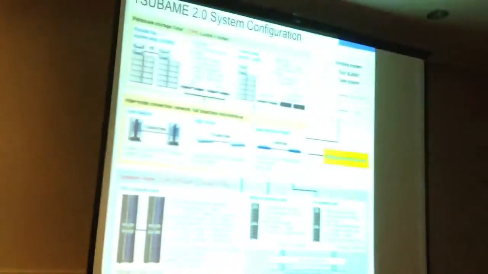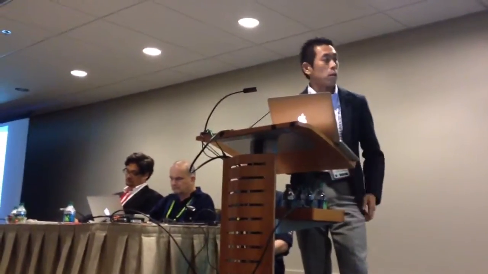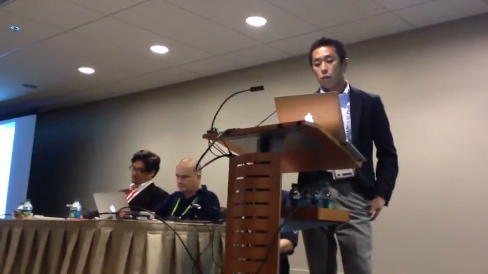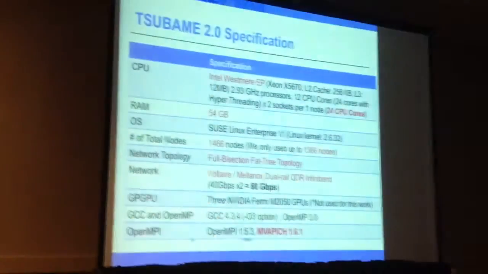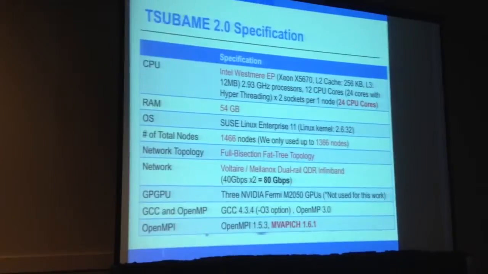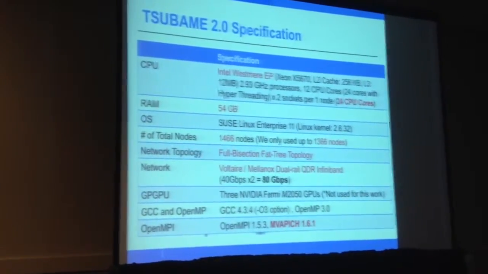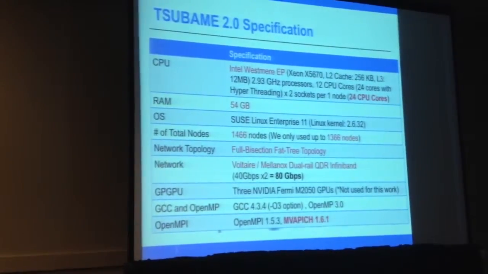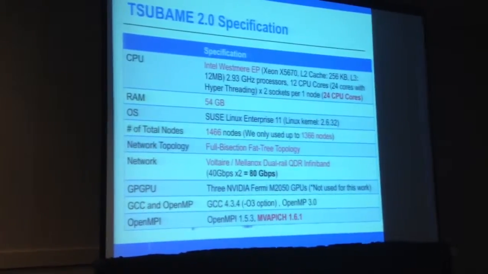The Tsubame 2.0 system configuration is illustrated as follows. If you look at the specification, the CPU is an Intel Westmere EP, and we have 56 gigabytes of memory per node, with around 1,400 nodes.